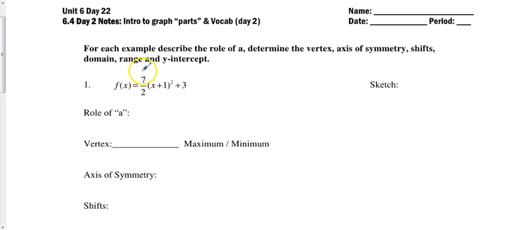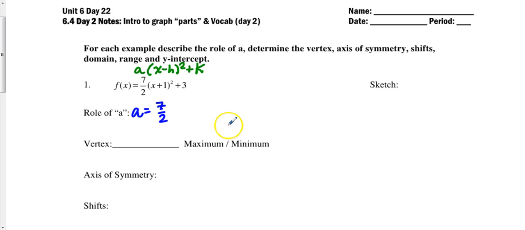I can help myself out if I need to, and above here, write my general vertex form, because the more we write it, the more we'll remember it. And check it out, A is right there. So A equals 7 halves.